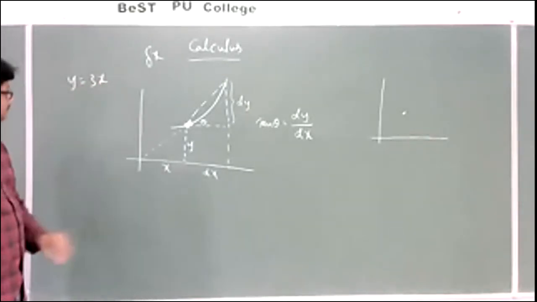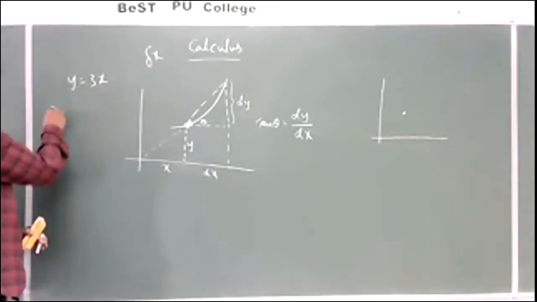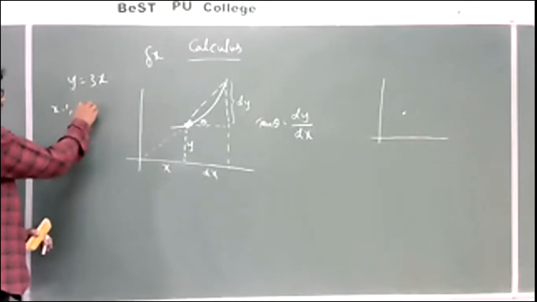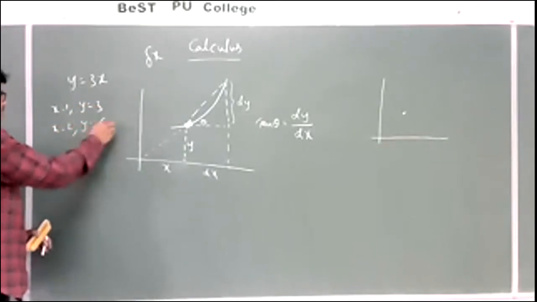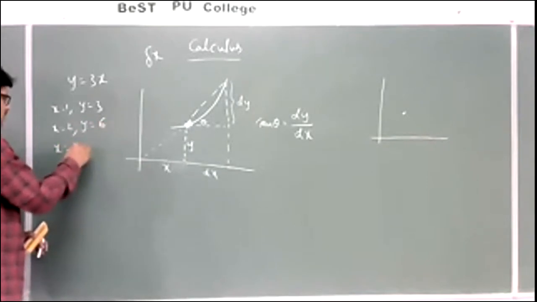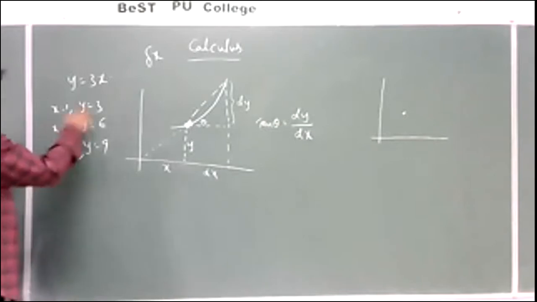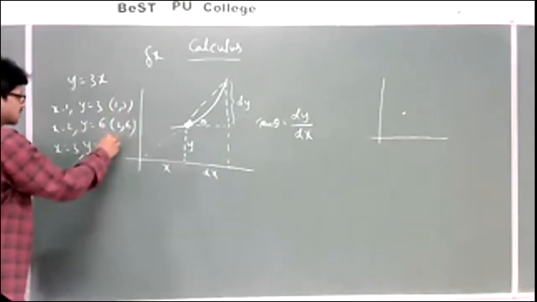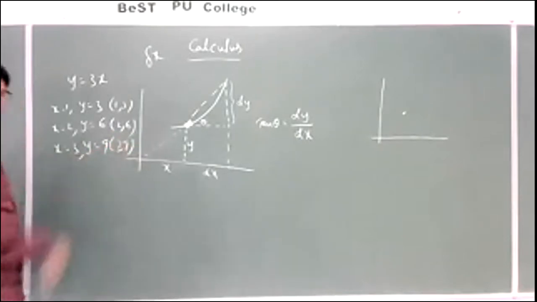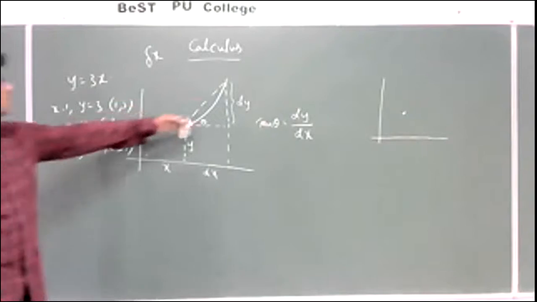Now if x is equal to 1, y is equal to 3. If x is equal to 2, y is equal to 6. If x is equal to 3, y is equal to 9. So by taking these values, 1 comma 3, 2 comma 6, 3 comma 9, if you plot a graph, for example, we got this graph.